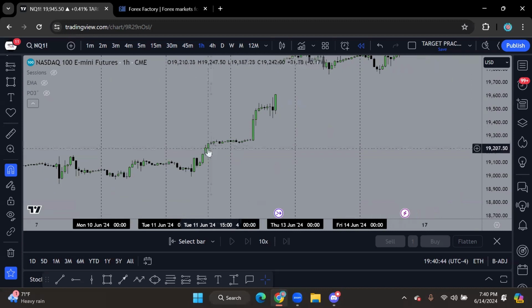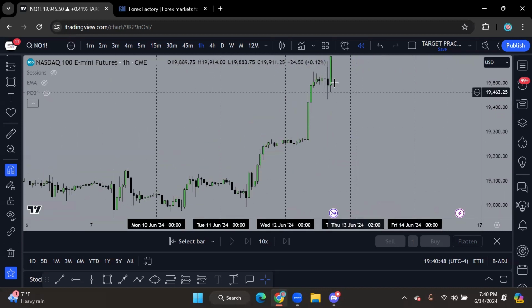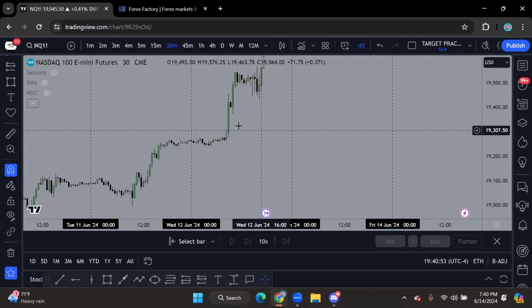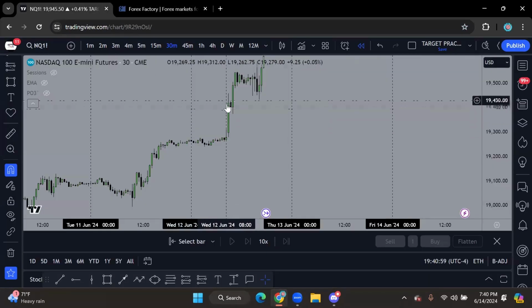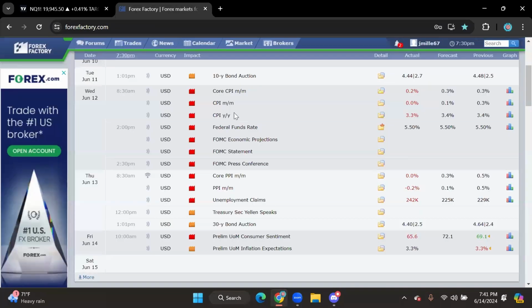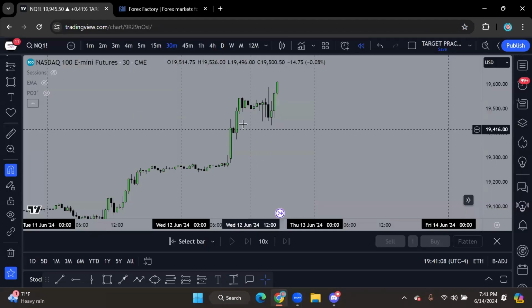So Tuesday, we have price bullish. Going into Wednesday's price action, in the morning we have CPI at 8:30. That explains this explosive move to the upside. We have more news coming in the afternoon on Wednesday, right?